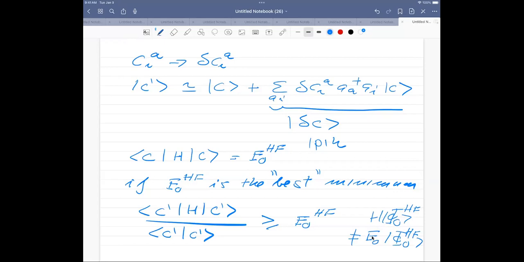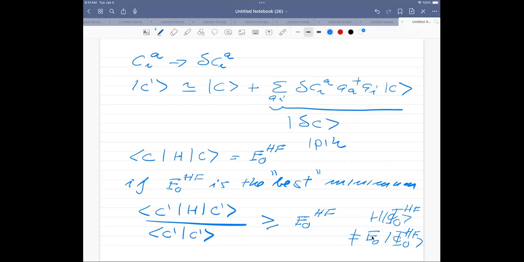So that means that what we have is a similarity transformation where we zero out specific elements. And these specific elements come from the contribution of one particle, one hole states. But we are still staying at a wave function which is based on a product of single particle wave functions. And that's the Slater determinant.